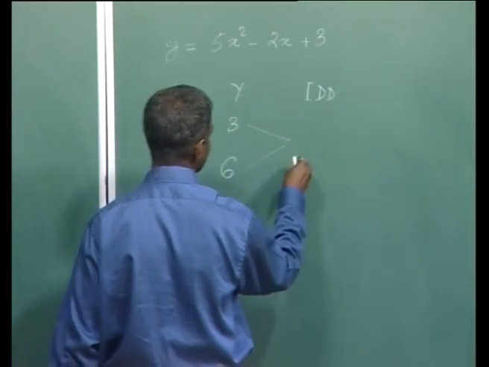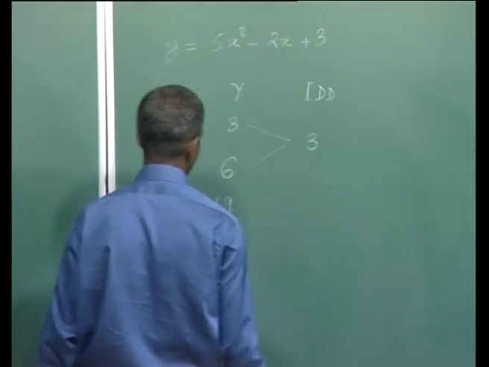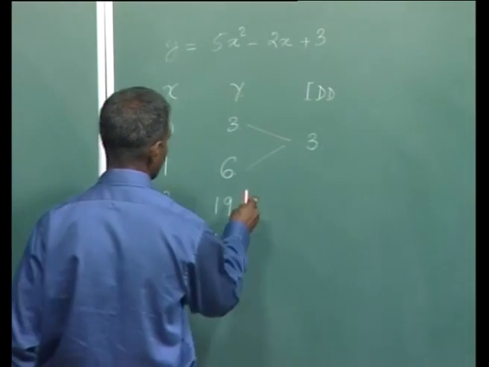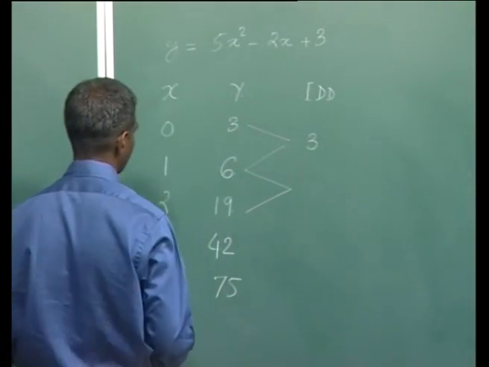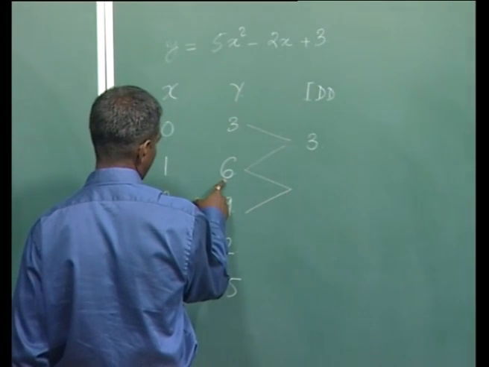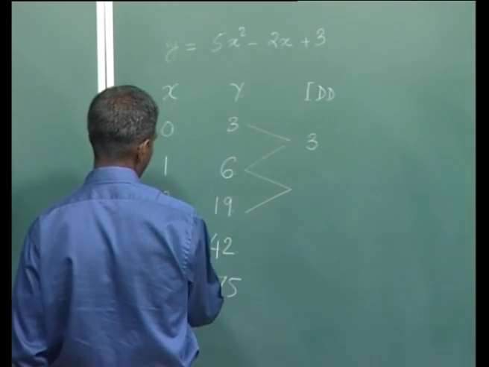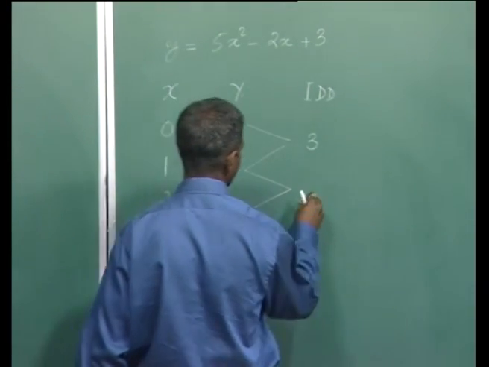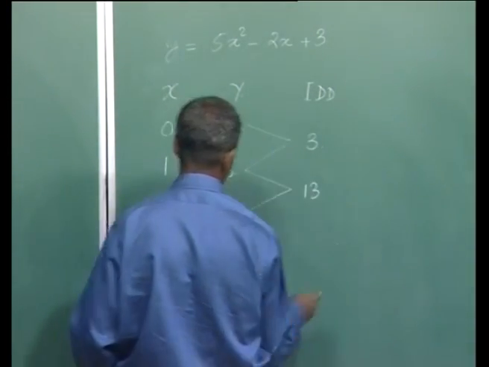So 6 minus 3, this is 3. Likewise, 19 minus 6 is 13 over 1. Okay.